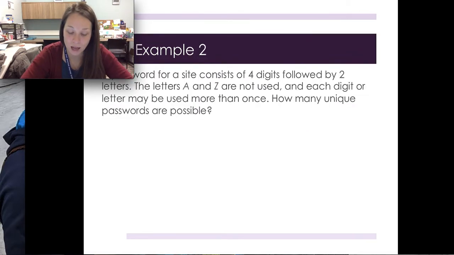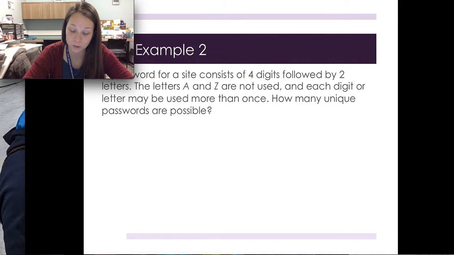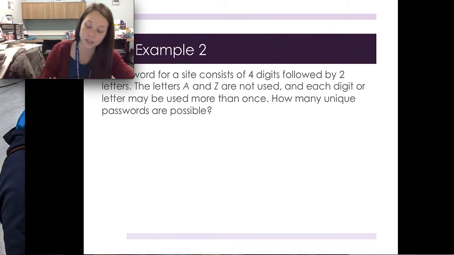Example 2, a password for a site consists of 4 digits followed by 2 letters. The letters A and Z are not used, and each digit or letter may be used more than once. How many unique passwords are possible? Well, our digits are 0, 1, 2, 3, 4, 5, 6, 7, 8, and 9, and so there are 10 digits. So I'm going to write out 4 spaces here for our digits.